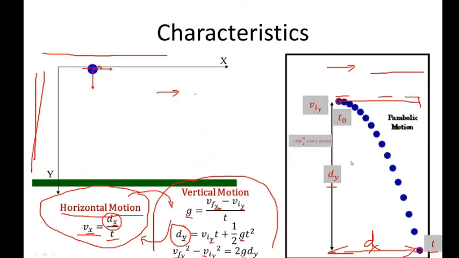Therefore, the velocity increases by 9.8 meters per second for every second. So at this particular position of the ball, the final velocity is greater than the initial velocity because the velocity is increasing.